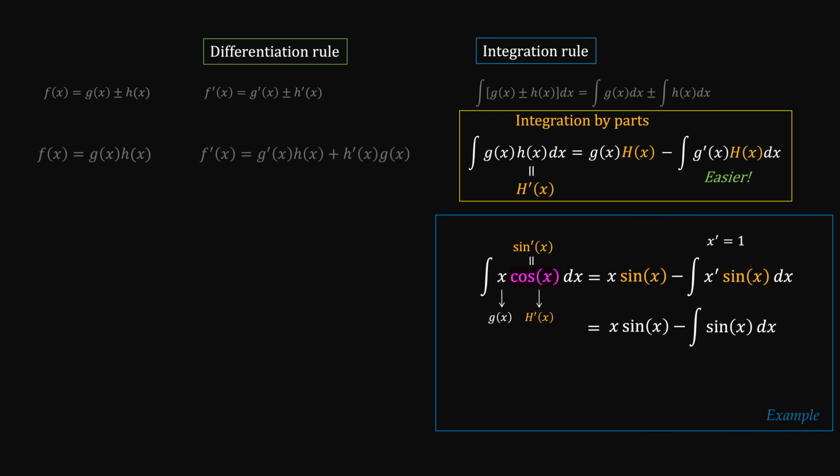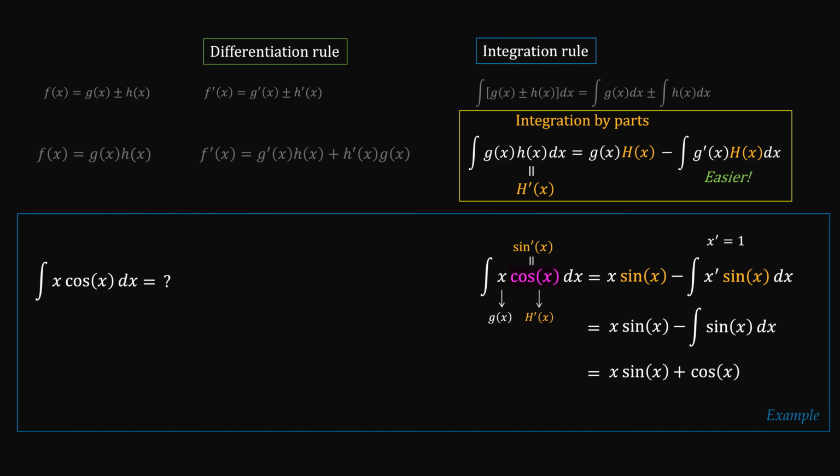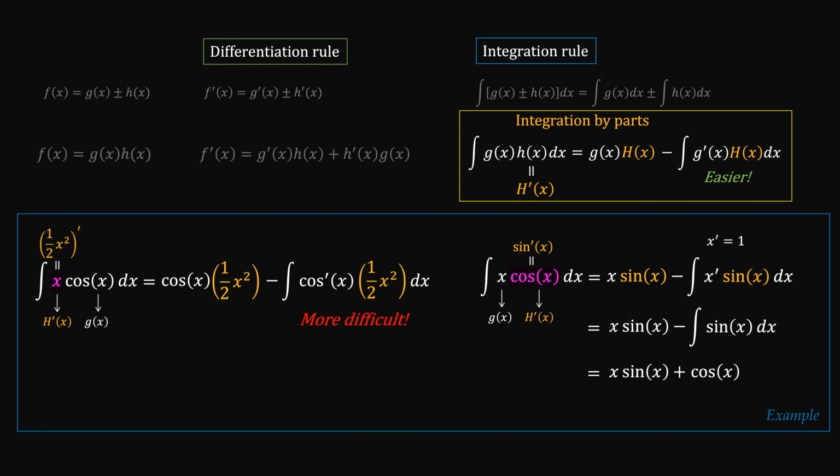Hence it becomes the integral of sine, which is just negative cosine x. But you have to be careful which one is g and which one is h. We can also view x as the derivative of 1/2 x squared. But now, following this rule, we end up with an integral not easier than the original one.